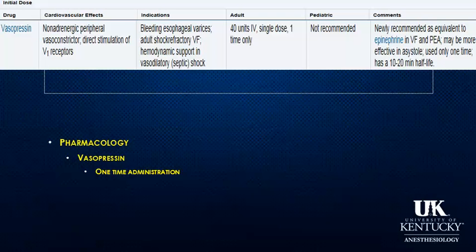A second vasoconstrictor is now recommended, and vasopressin is recommended in a single one-time dose of 40 units in order to increase vascular tone.